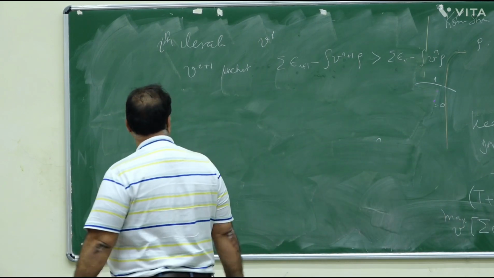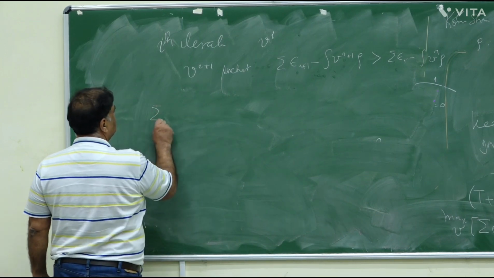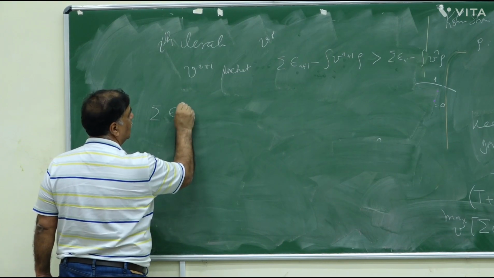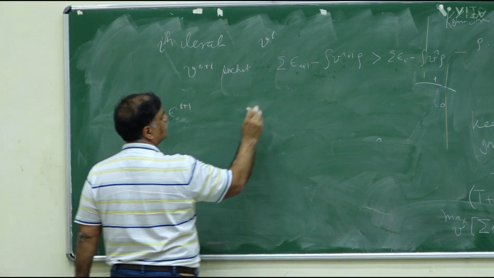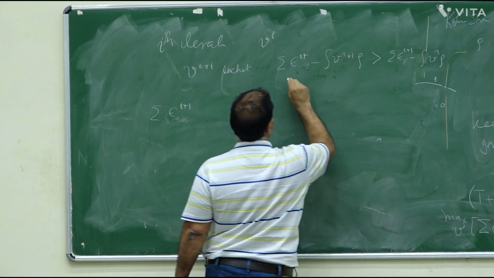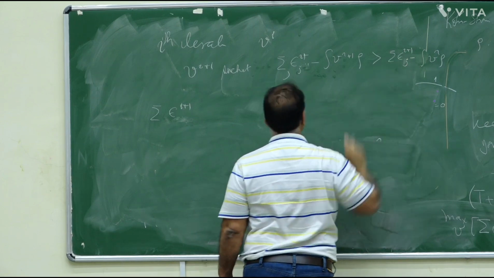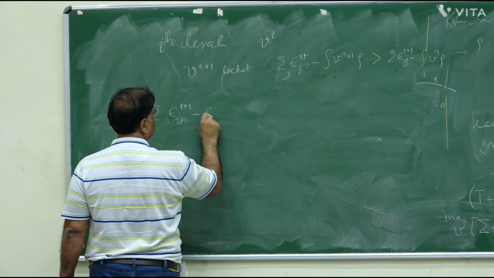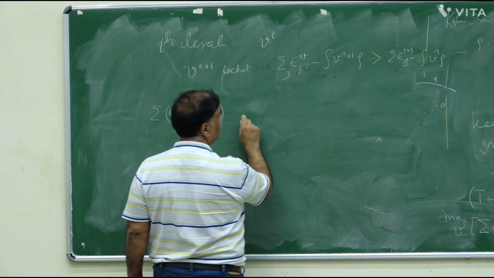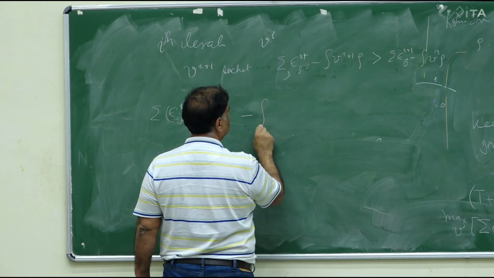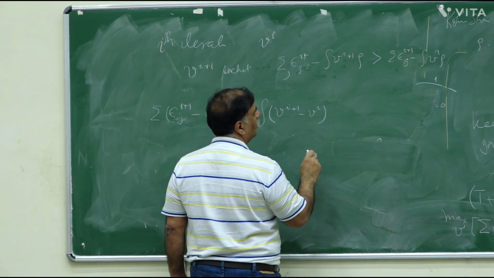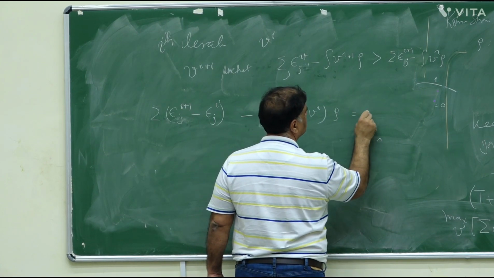Is that okay? So that means the summation of ε at iteration i+1, minus ε at iteration i, minus the integral of (V_{i+1} minus V_i) rho is equal to 0.